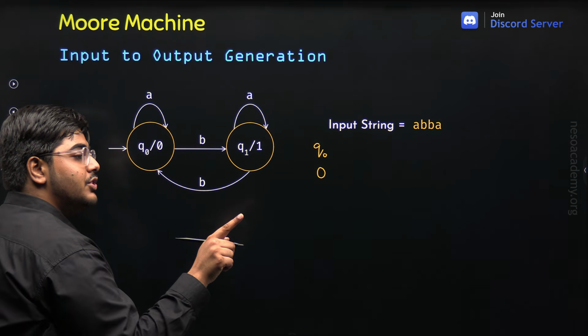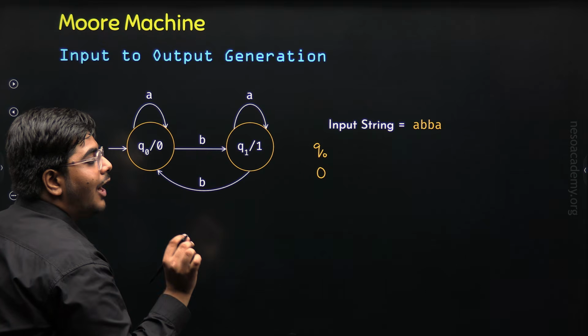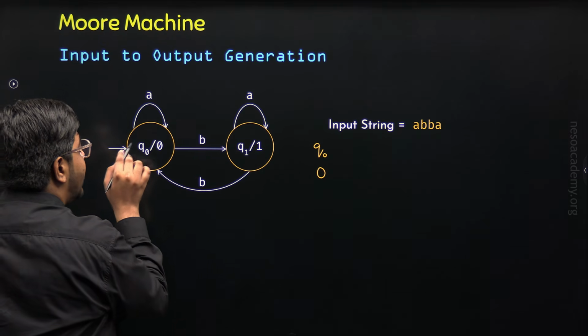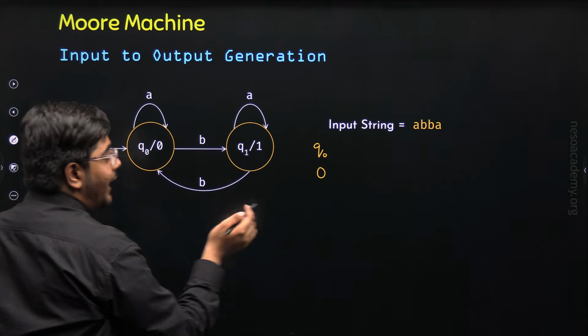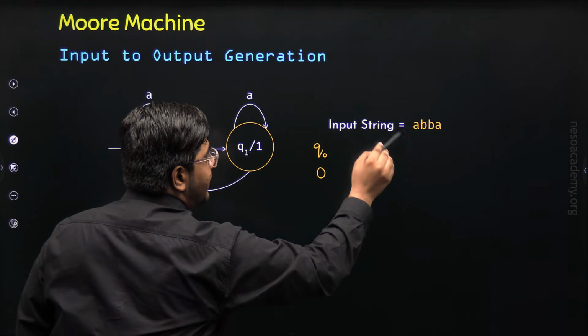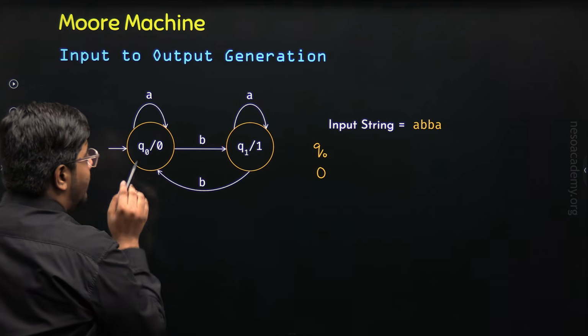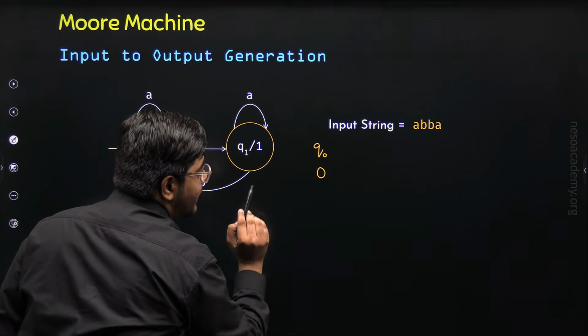In case of Mealy machine, without processing the input symbol, we were not able to write the output symbol. But here, the initial state itself is associated with a particular output symbol, which is 0.